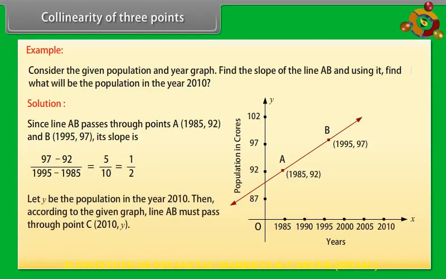Let Y be the population in the year 2010. Then according to the given graph, line AB must pass through point C(2010, Y). Therefore, slope of AB is equal to slope of BC.